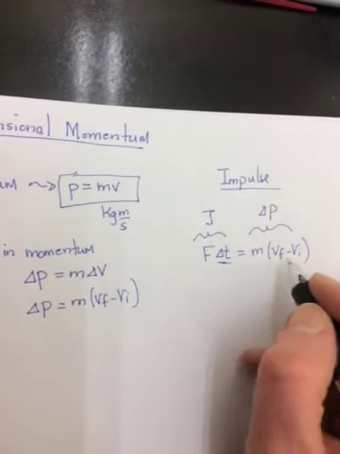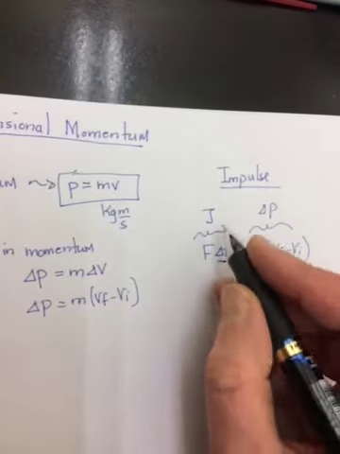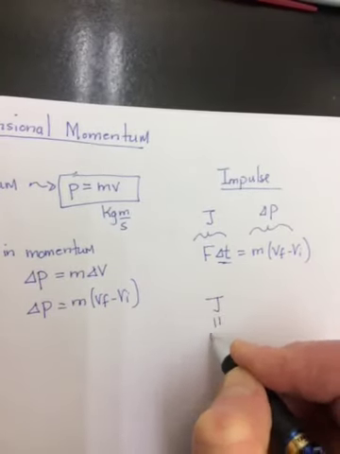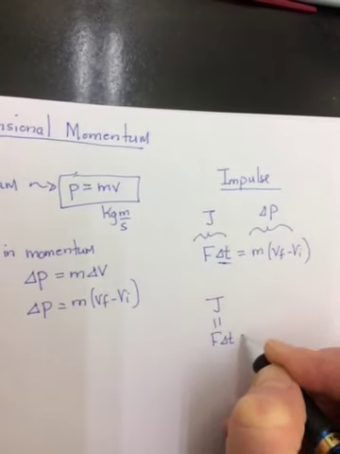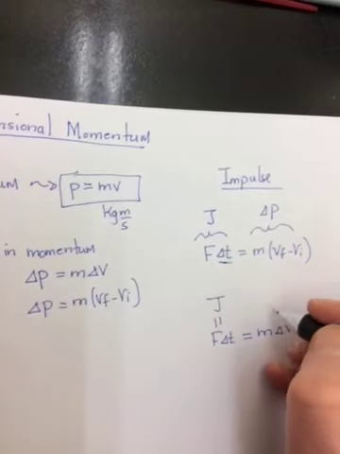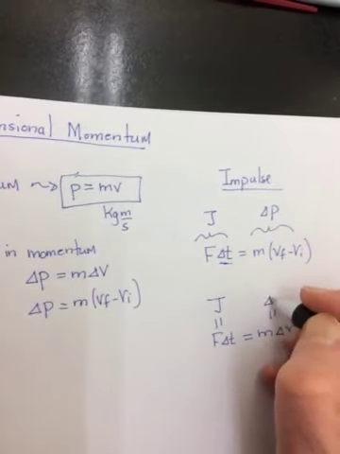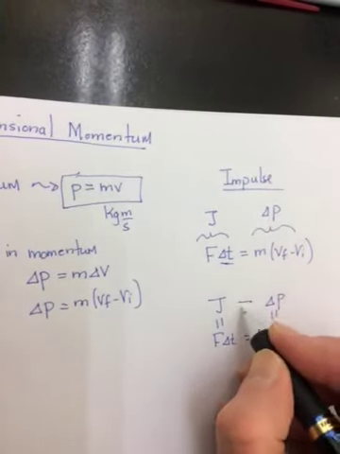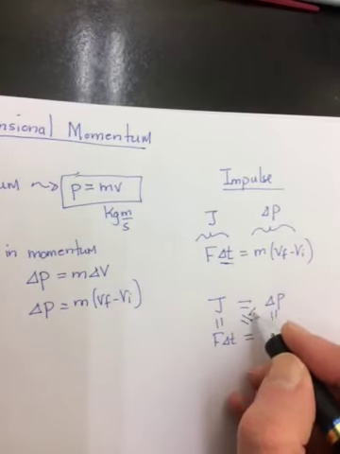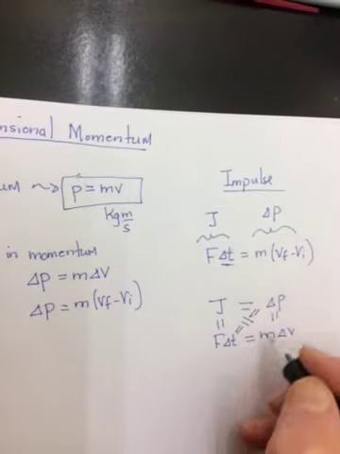Now, if you look at this, you realize, okay, if J is equal to F delta t, and F delta t is equal to, really, that's m delta v, and if m delta v is equal to delta p, then J must be equal to delta p. And J must be equal to m delta v, and delta p must be equal to F delta t.